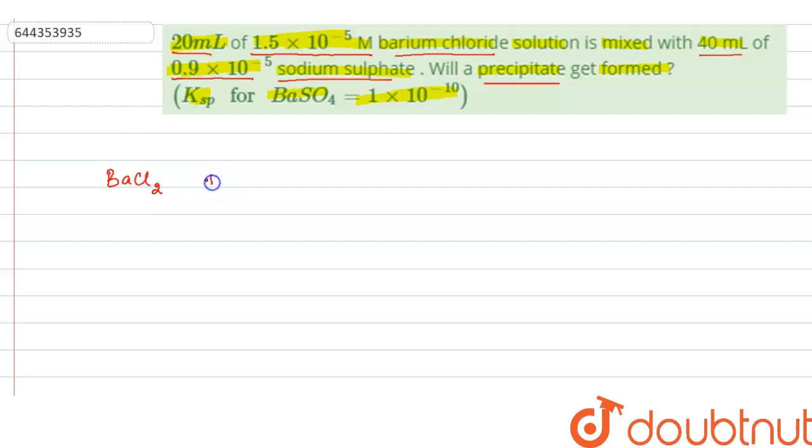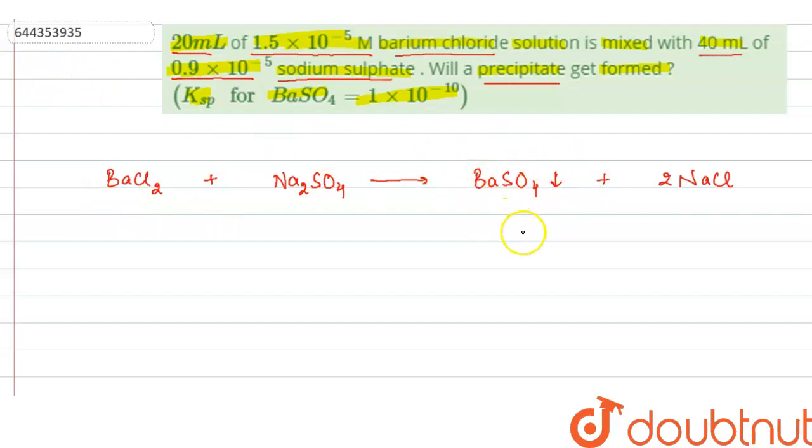Now barium chloride, when it is mixed with sodium sulfate, that is Na2SO4, then there is formation of barium sulfate BaSO4 and 2 moles of NaCl. Now here we get white precipitate of barium sulfate. Now we have to tell whether this precipitate will be formed or not.